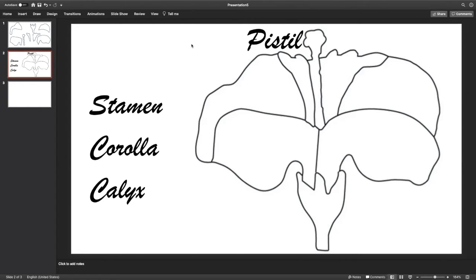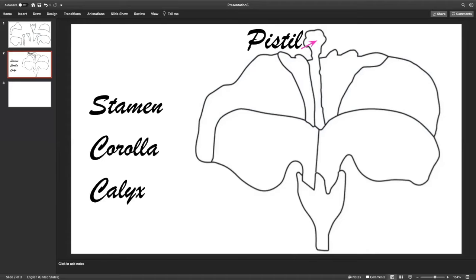Let's see if we can draw a little arrow so that we can see which one it is. On yours, you have a sheet that has it marked on it, so you don't have to match the words because we already matched them together.